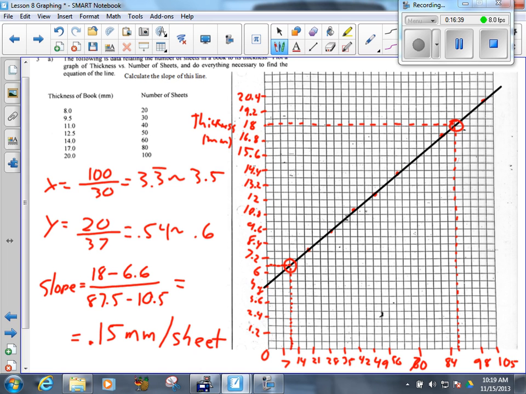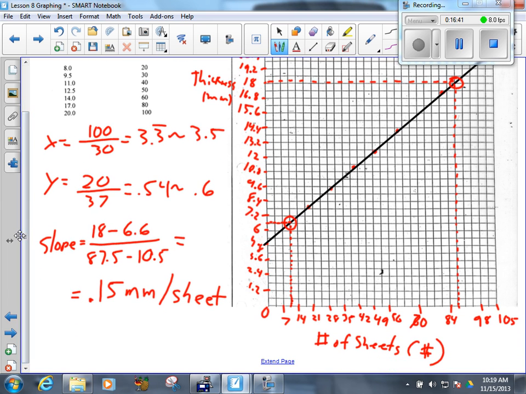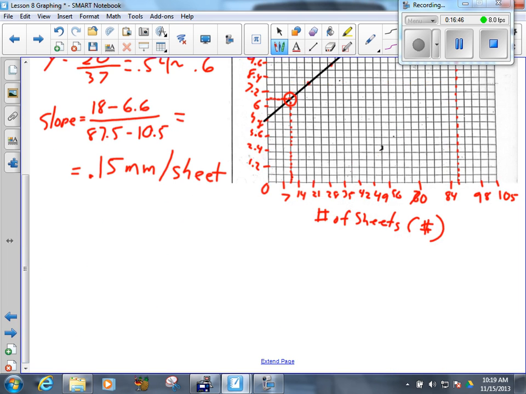Okay, so we should get somewhere around 0.15 millimeters per sheet. For the slope for the third one, I would say acceptable range would probably be somewhere between 0.11 to 0.19 millimeters per sheet.